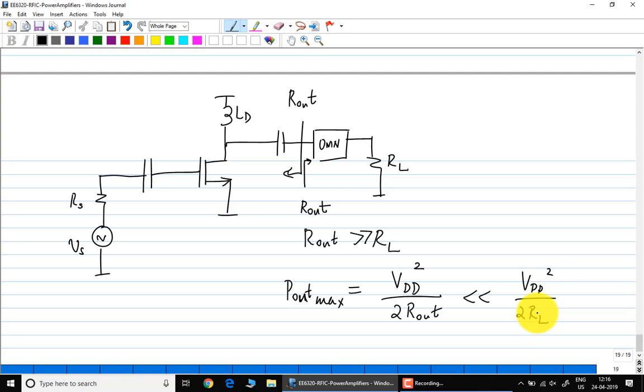Remember what we want to do: we want a much smaller RL, not a much larger RL. If you try to match to R out, you will not be able to get enough power out of this system. The circuit can swing VDD, but if R out is getting larger and larger, you are stuck with getting smaller and smaller output. So this in general is a bad idea.